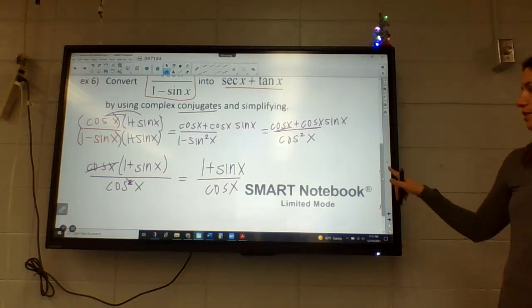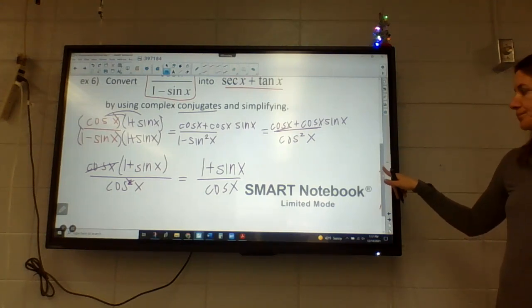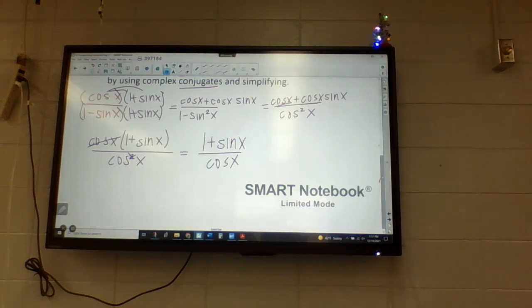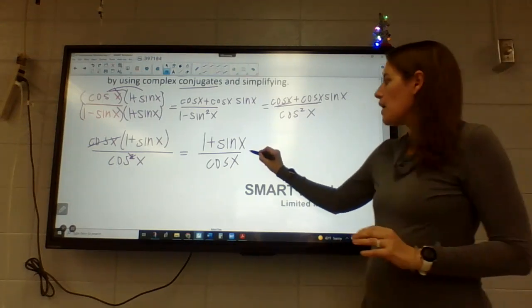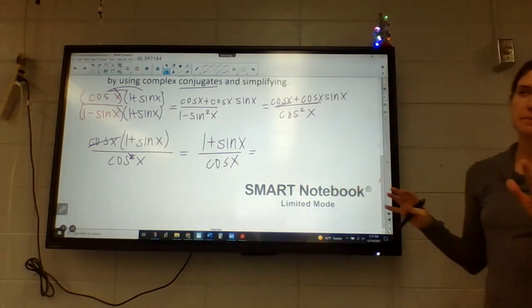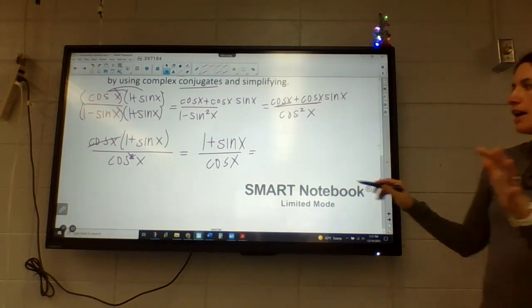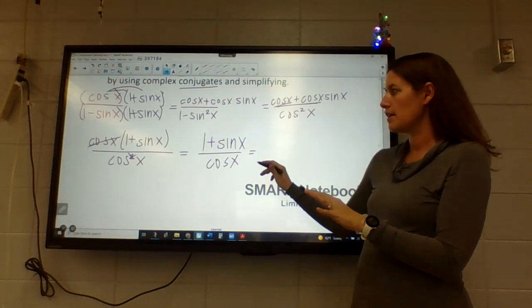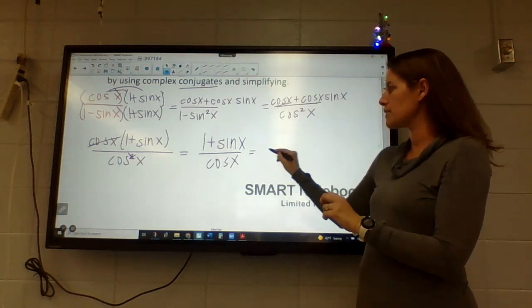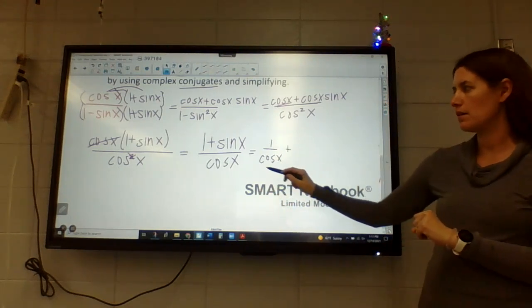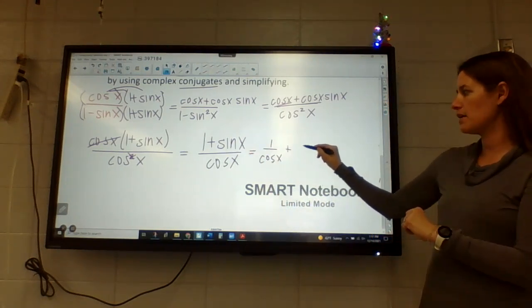You're not far off from where you want to be. I'm going to go one step a little bit slower than you. Just like when we combine fractions, let's take these apart. If this was being added, it's 1 over cosine, right? Plus what over what? Sine over cosine, right?